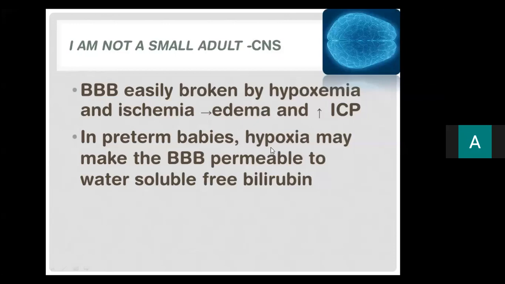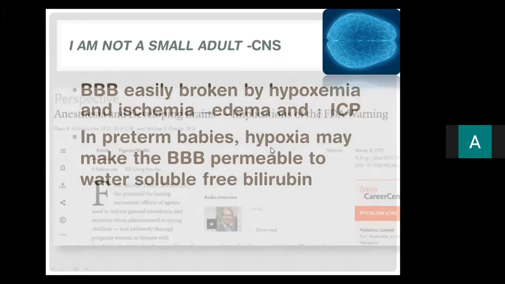But then also in preterm babies, the bilirubin that's water soluble will easily cross if the barrier is easily broken, and so you end up with increased risk of kernicterus, especially in this particular population.